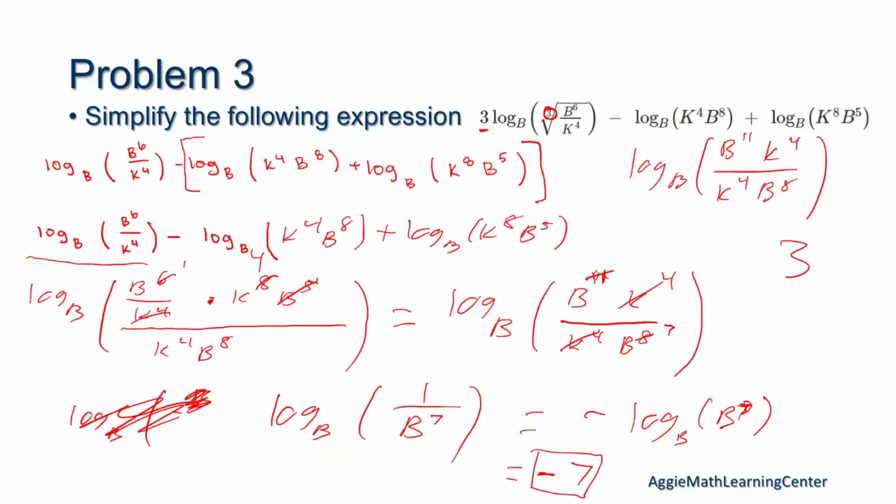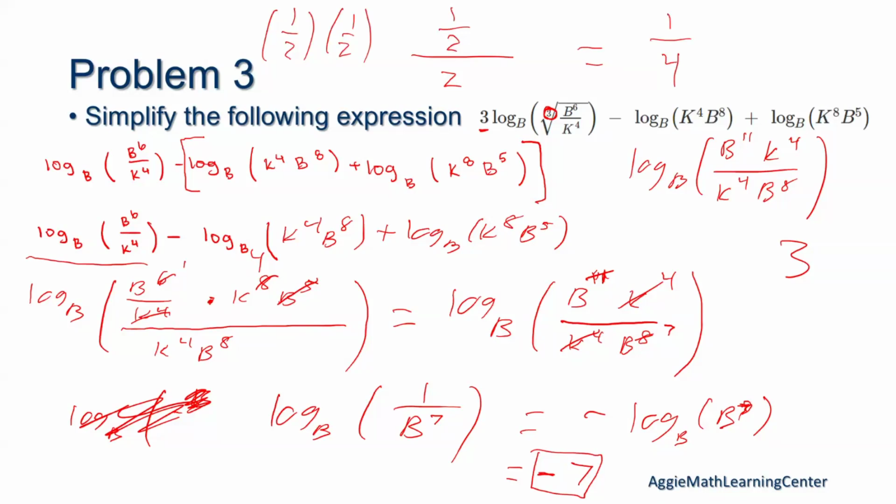Yeah, so if you had, let's say, a 1/2 over a 2, another way you could write this would be 1/4, because this is the same as 1/2 times 1/2.